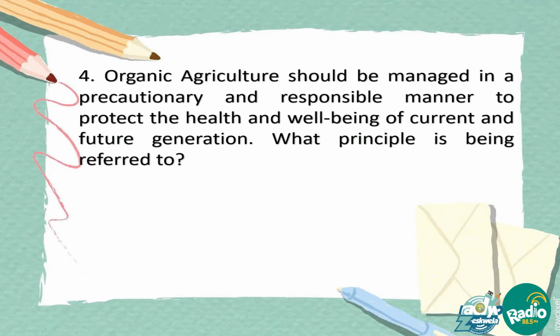Number 4. Organic agriculture should be managed in a precautionary and responsible manner to protect the health and well-being of current and future generations and the environment. A. Principle of health.